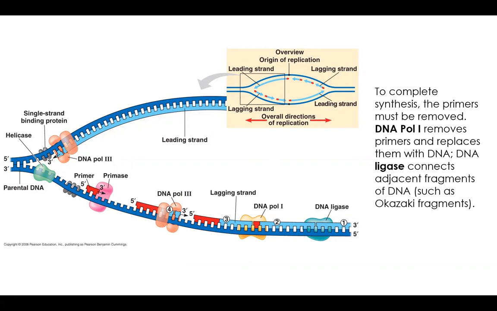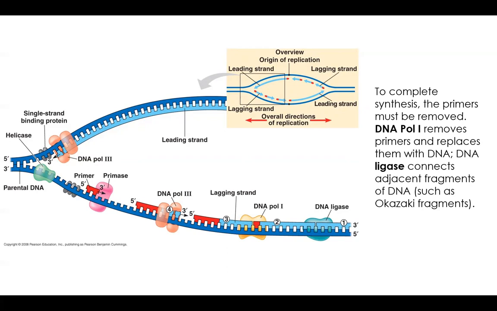We're going to talk more about RNA and its stability when we get to chapter 18. We may talk a little bit about it in 17, but it is not meant to hang around. Maybe it might hang around for an hour. You want your DNA to last longer than that. Different RNAs hang around different amounts of time, but either way, it's not a super stable molecule. DNA is much more stable.